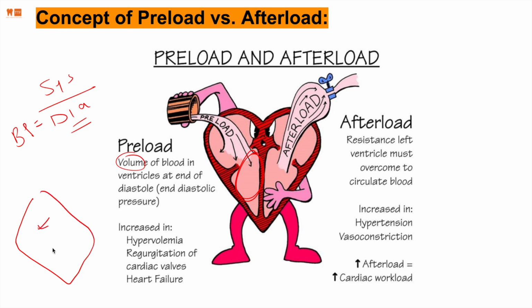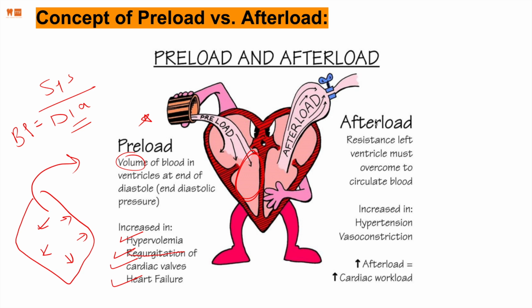The blood is flowing all the way and expanding the heart. That, before it leaves the ventricles, is known as preload. It is increased during hypervolemia, so more blood volume, regurgitation of cardiac valves, and then heart failure. In these cases, preload is highly increased, which means the blood is unable to leave the heart.